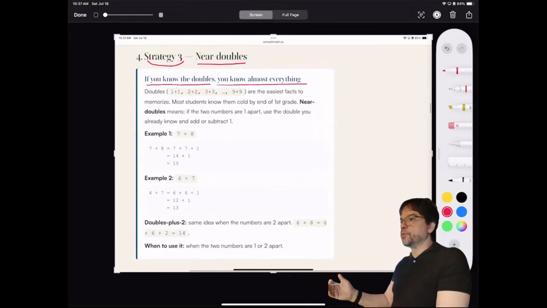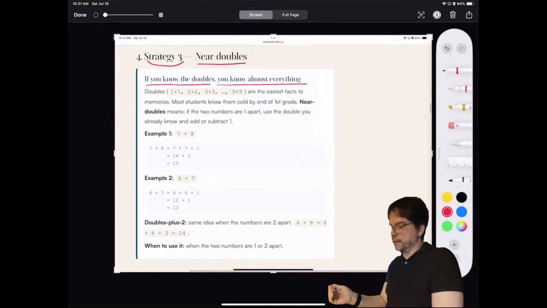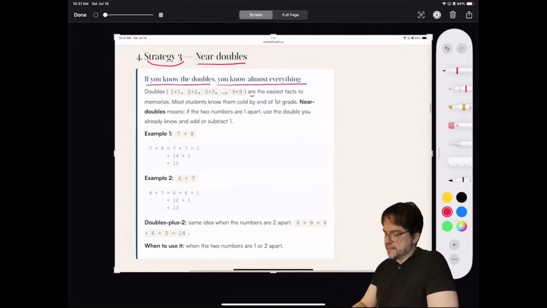You just added 2 from one to another when you doubled. Is that okay? So these are the easiest facts to memorize. Most students know them by end of first grade. You know that, okay? But we need to practice.